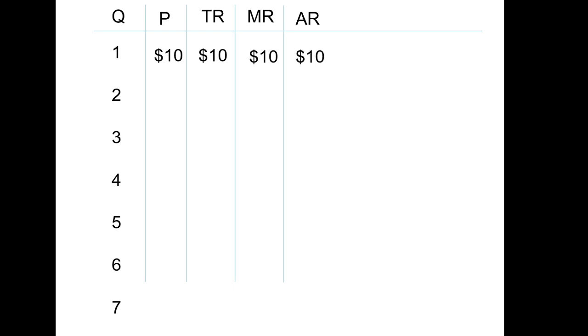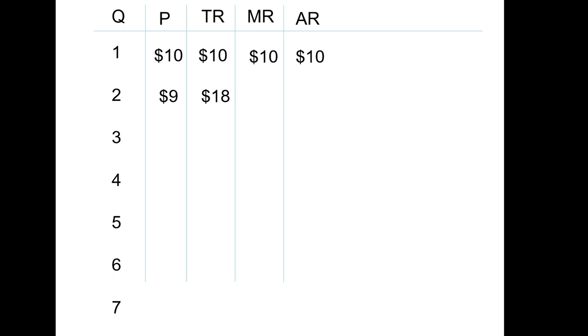Now, in order to sell another product, unlike the perfect competitor, in this market structure they have to lower the price. So they lower the price to $9. Okay? Lower the price to $9, total revenue goes up to $18. Why 18? Right? 2 times 9 gives me 18.